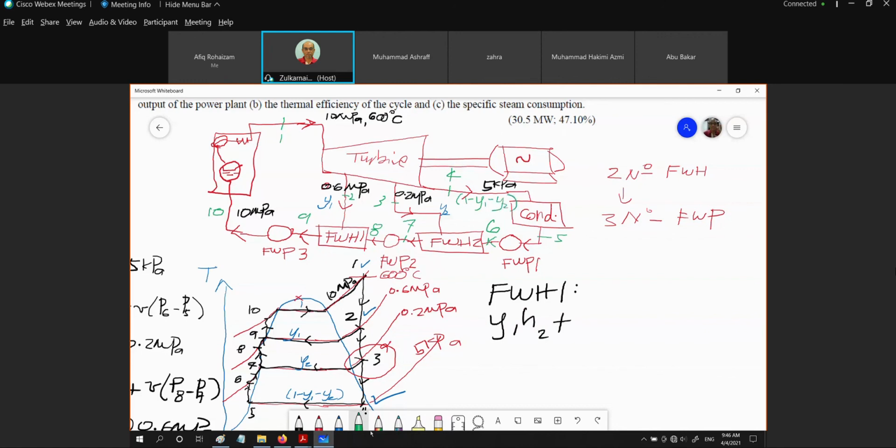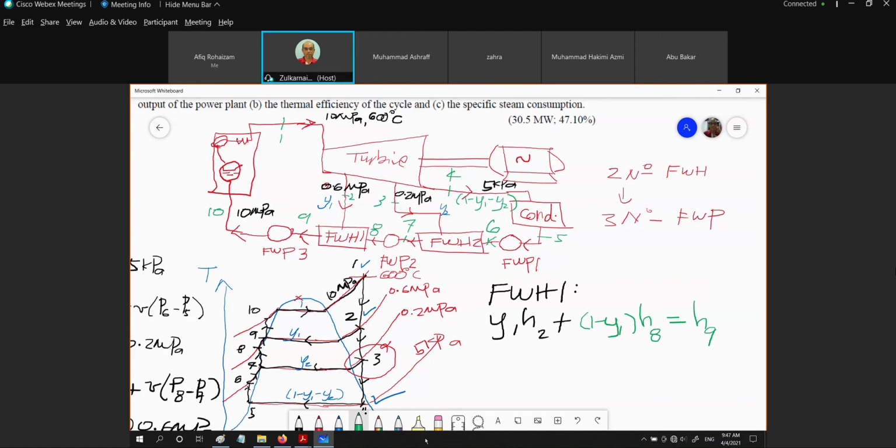This is flowing to here and then mixing with Y2, correct? So Y2 plus 1 minus Y1 minus Y2, what we have right here is 1 minus Y1. So this is 1 minus Y1 times H8, and this is equal to 1 times H9, because what is coming out at 9 is 1.